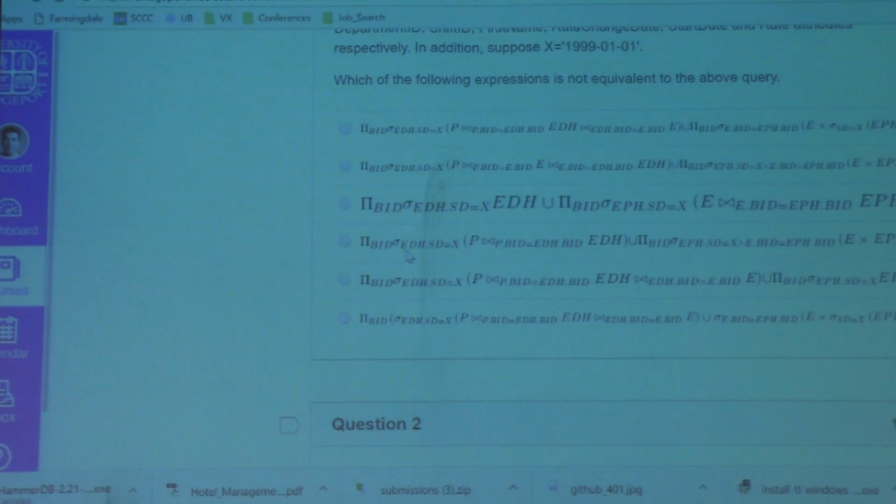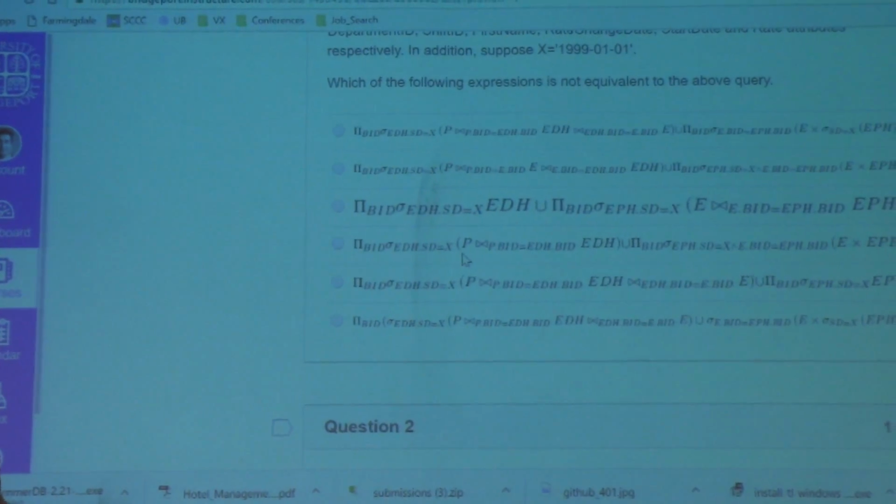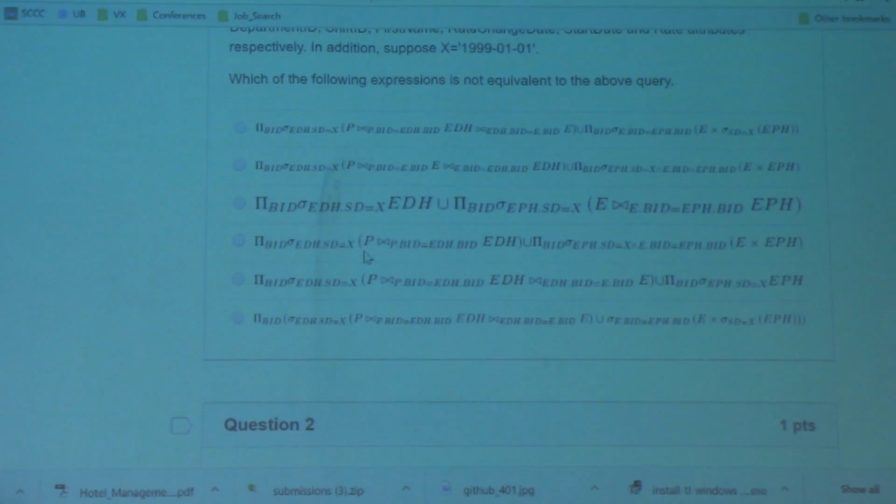EDH is the starting date of employee department history, and SD is the starting date. EPH is employee payment history, and SD is the starting date of that history.